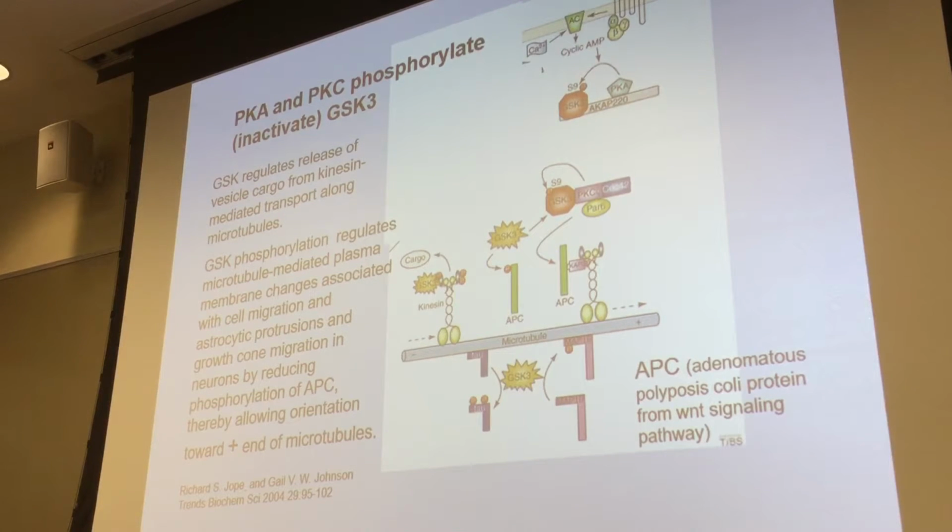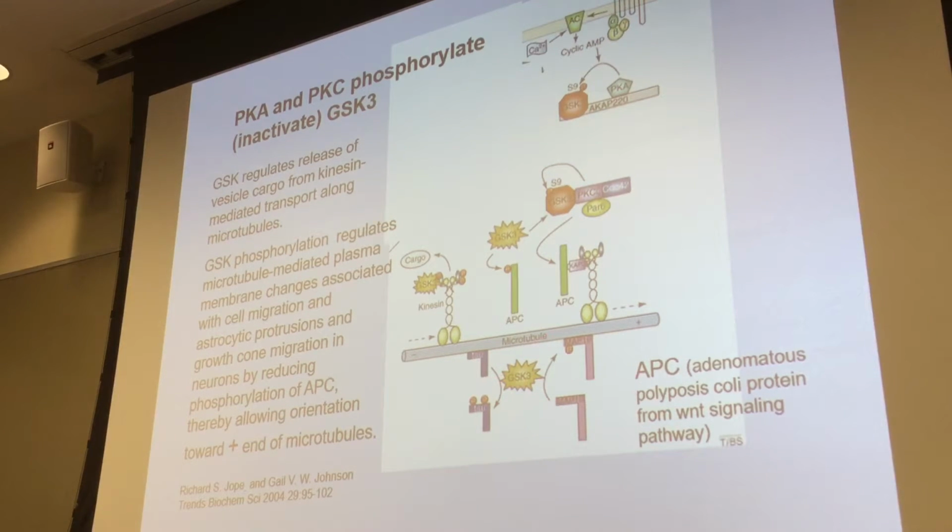Okay, now our phosphorylation by PKA and PKC is going to actually inactivate our GSK, and we just talked a little bit about how that would happen. One of the pathways this could happen in is regulation of our microtubule associated proteins, and here we've got two of them.